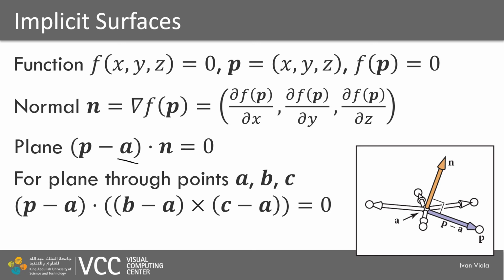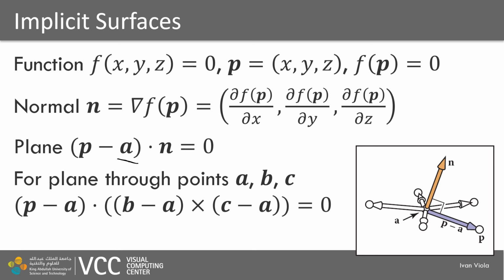Then we perform a cross product of these two, which generates a vector perpendicular to the vector AB and perpendicular to the vector AC, which both belong to the plane. This way we define the normal vector.